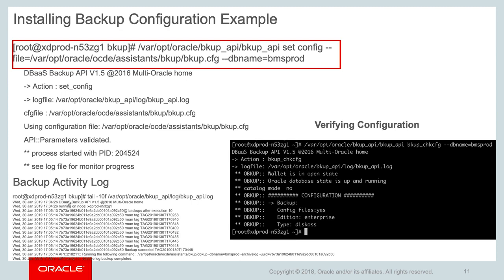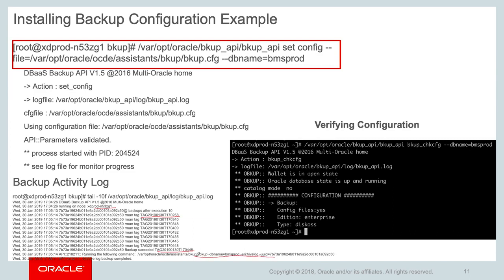It says that the backup configuration has just started running on my node, the first node of XRCS. By default, it has given a tag to that particular backup, and the backup has succeeded here. Once the backup is done, it is also given a tag, and then it has started the archive log backup here.